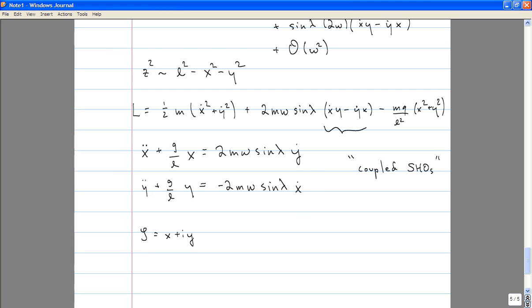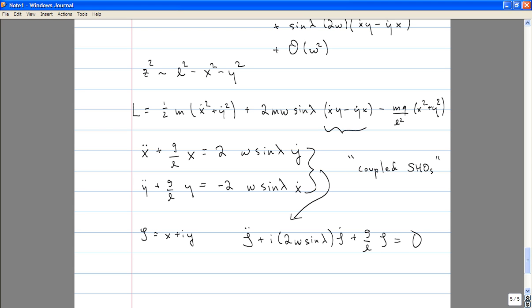Then these two equations can be written as zeta double dot plus i times 2 omega sine lambda, I factored out an m, zeta dot plus g over L zeta is equal to 0.